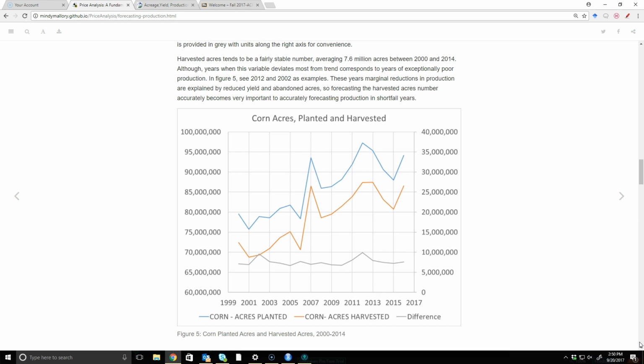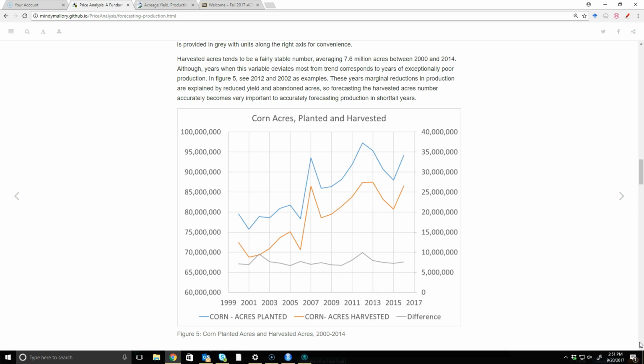But when we're talking about the pre-growing season, if we're trying to come up with estimates for our balance sheet, we can be pretty safe in just estimating our harvested acres number to be about 7.5 million acres less than our planted acres number.